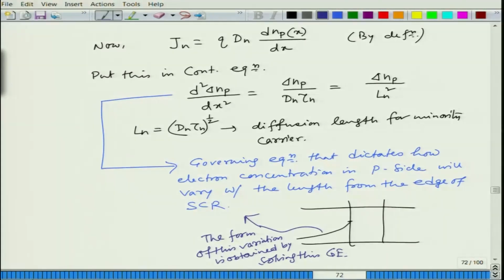Okay? That is the purpose, and that exact form is important because only then can we quantify it. The concentration gradient form will tell us how the diffusion happens. So, it is important to get hold of it to exactly quantify the diffusion current.